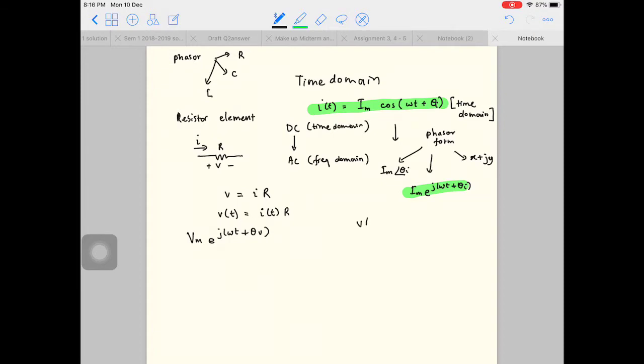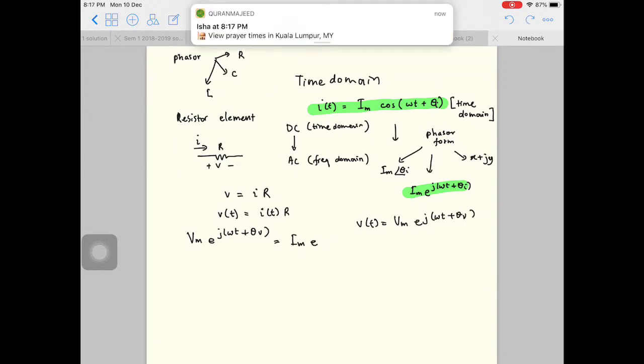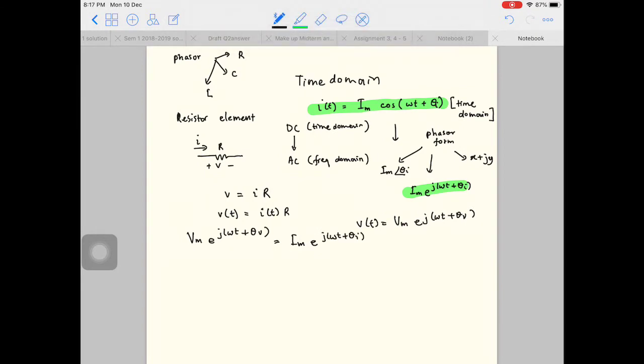Yeah, this one actually comes from Vm cosine omega t plus theta v, and this is equal to the current, which is Im cosine, Im e^(j(omega t plus theta I)), times R. Okay, so I just did it first.